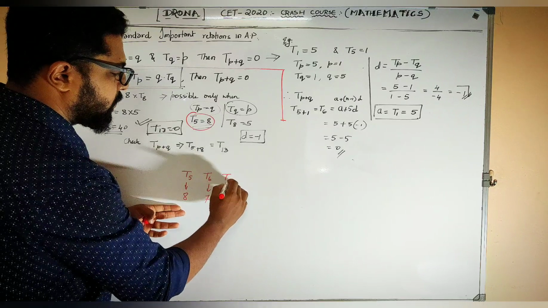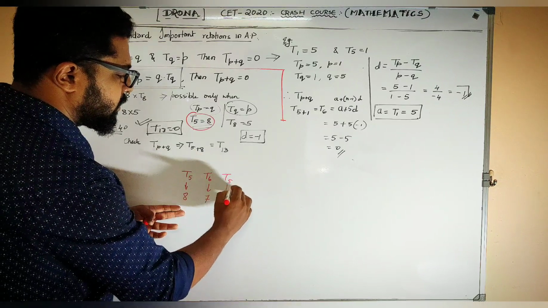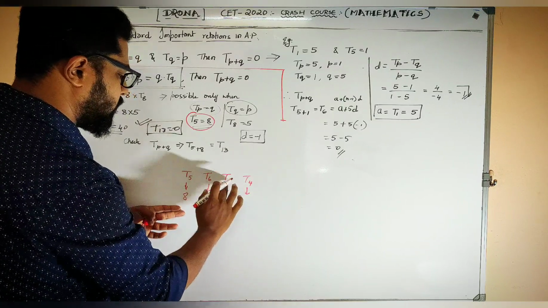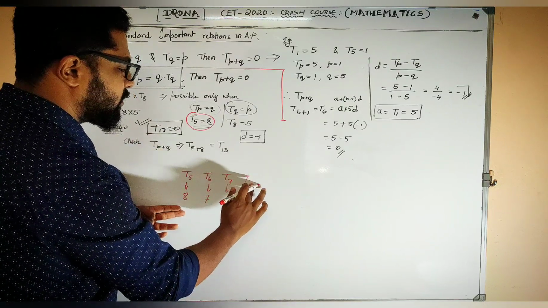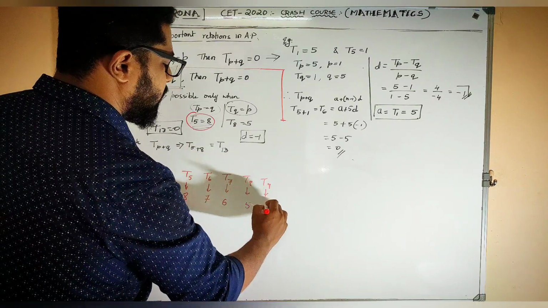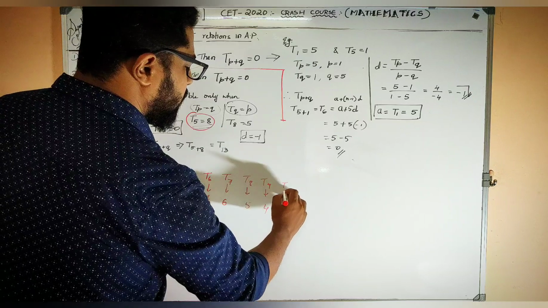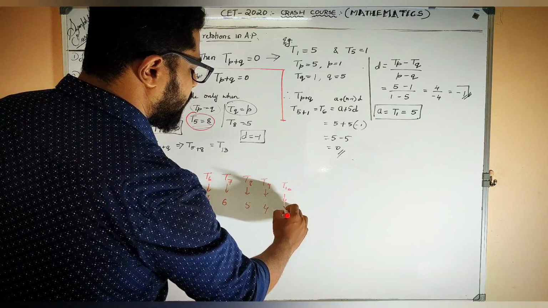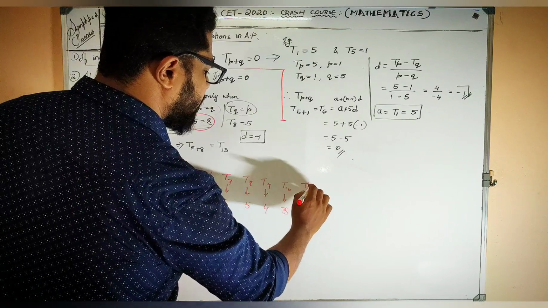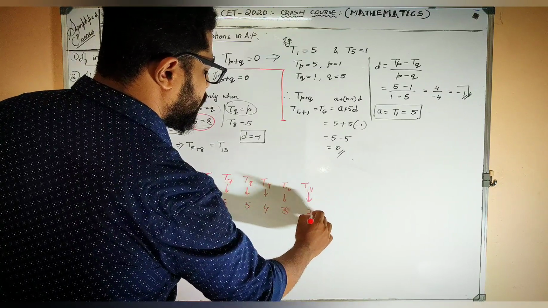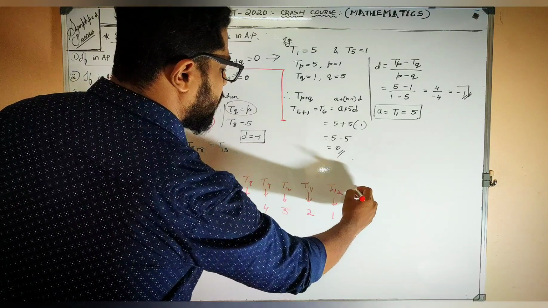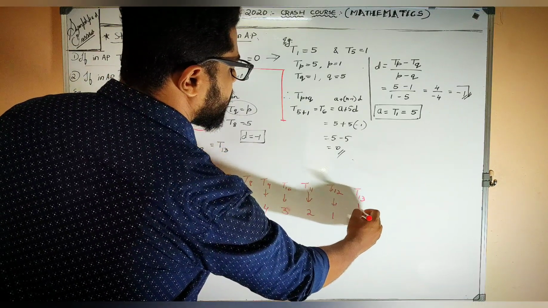The seventh term will be 6, the eighth term will be 5, and the ninth term will be 4. Then the 10th term will be 3, then the 11th term will be 2, then the 12th term will be 1, and then the 13th term is 0.